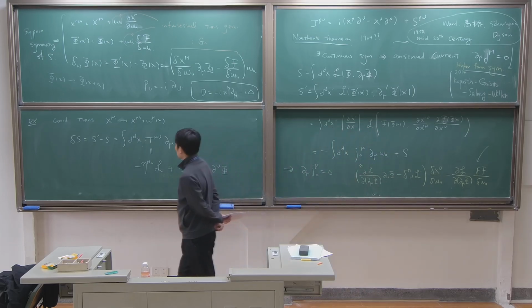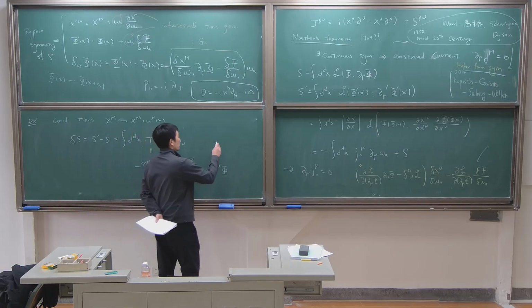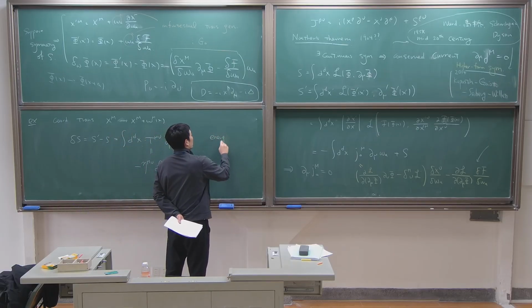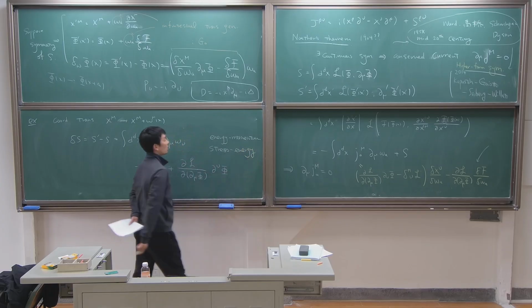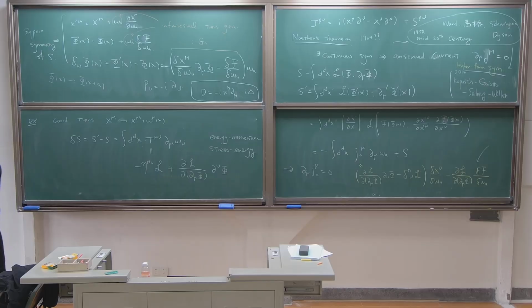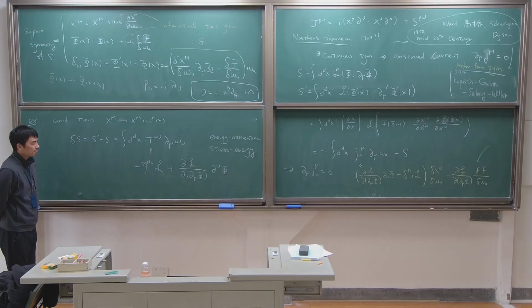And often people call this the stress tensor, or the energy-momentum tensor, or the stress-energy tensor, whichever you call it. But usually, it depends. So this is the field-theoretical way to derive this. I mean, this is not the correct way of deriving this one.